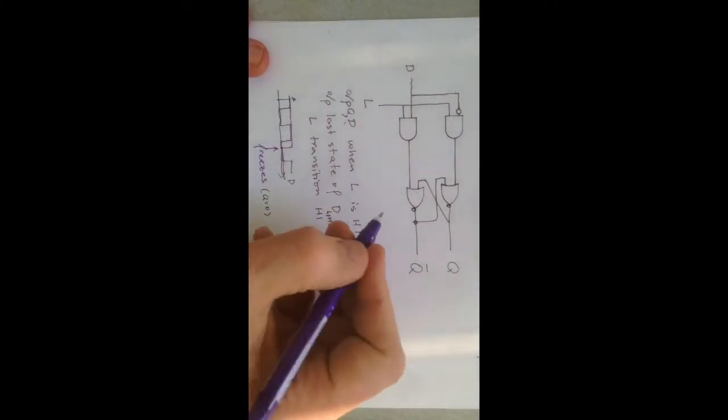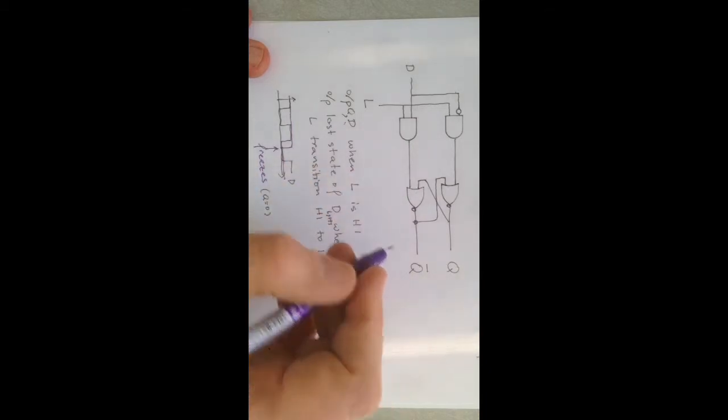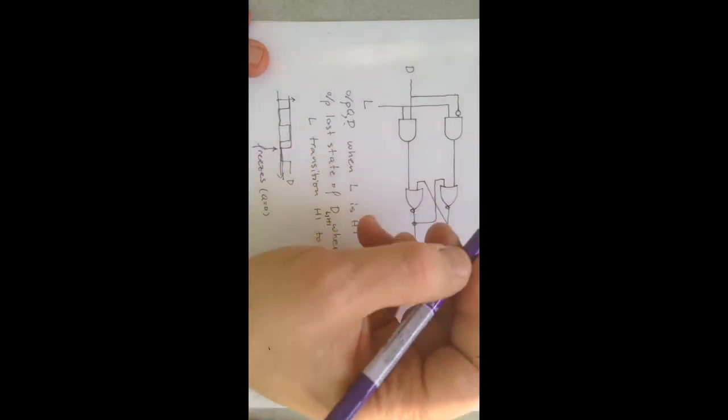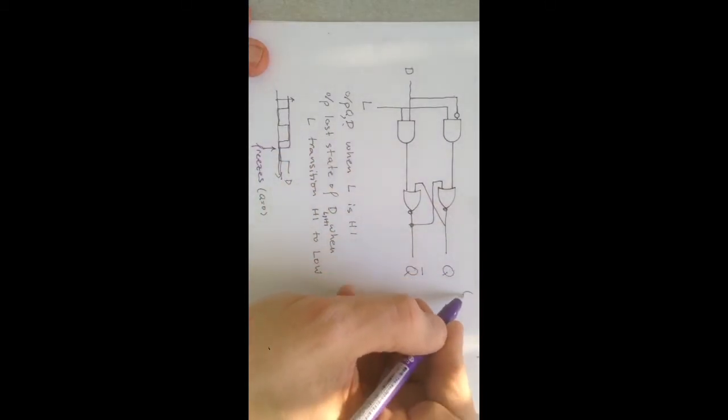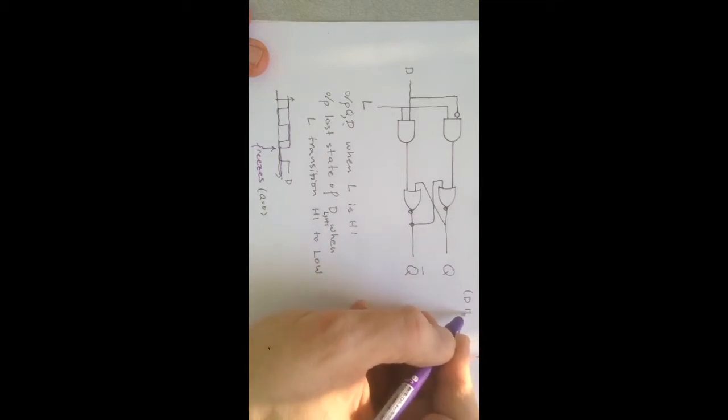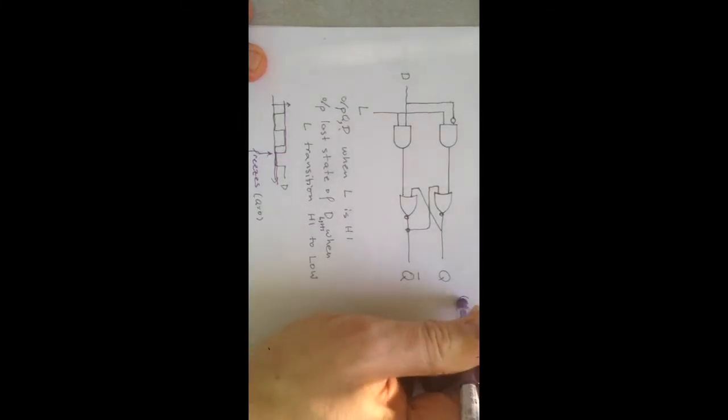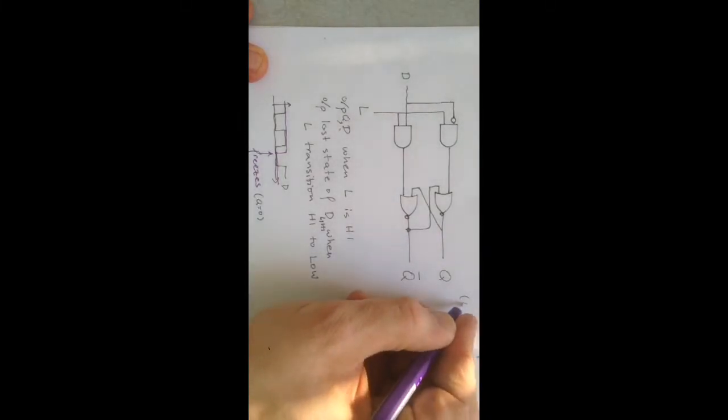So first of all, let's try to analyze the circuit. Let's assume D is high. All right, we'll do this whole argument in purple. Sorry, L is high is what I mean. L is high. If you go down here, D is high.